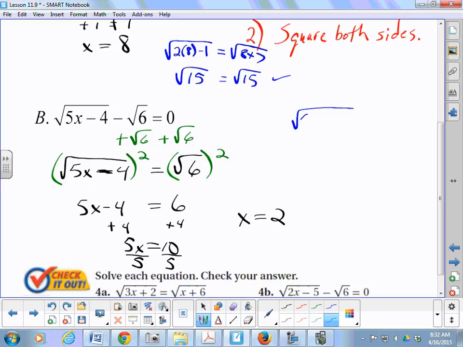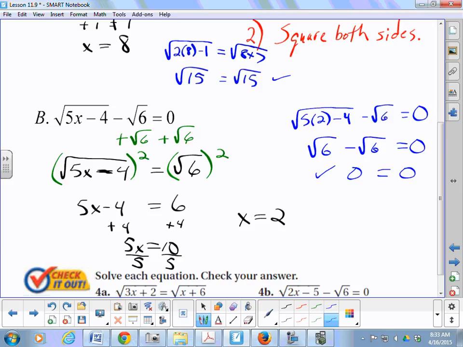Square root of 5 times 2 minus 4 minus square root of 6, does that equal 0? Very important you check it. 5 times 2 is 10, and 10 minus 4 is 6, so the square root of 6 minus the square root of 6. Is that equal to 0? And yes, it is. So it checks.